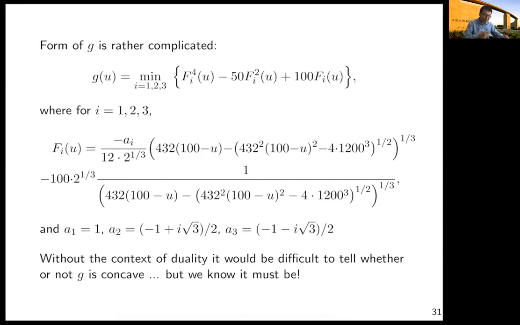But just looking at this function itself, it's really difficult to see whether there are any structures we can say about this function. But from the previous argument through convex duality, and through the fact that the Lagrange dual is always a concave maximization problem or a convex minimization problem, we know that this function needs to be concave.